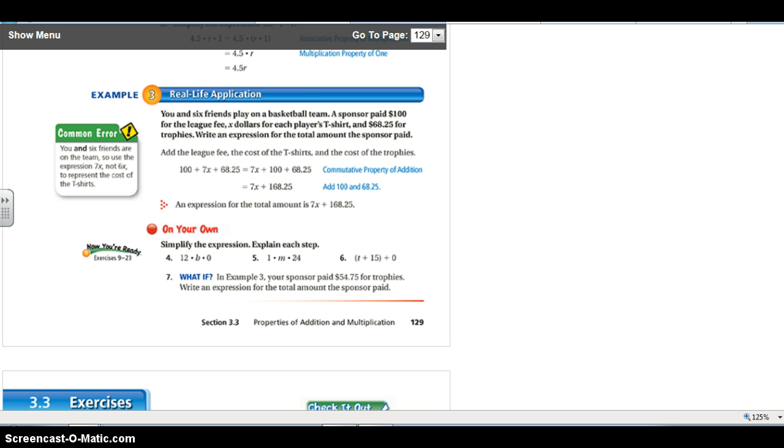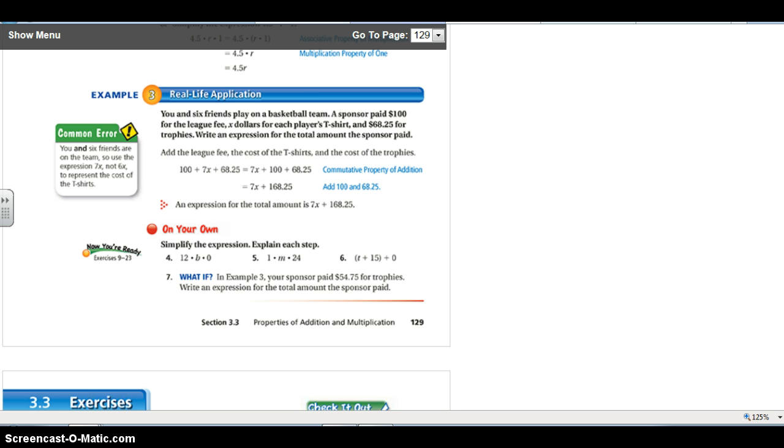All right, so after reading and adding the league fee, the cost of the t-shirts, and the cost of the trophies, you can write out 100, you know that, plus 7, because that's how many players, you and 6 friends, times the cost of each player's t-shirt, that's your variable, plus $68.25.